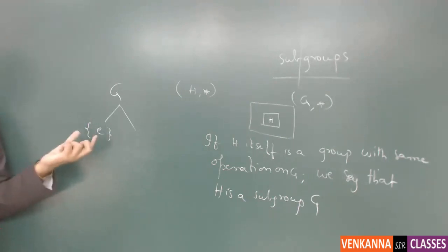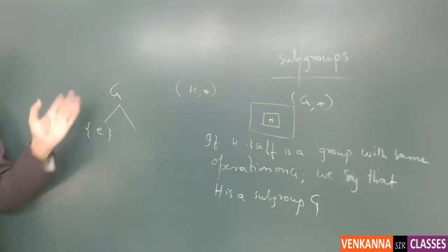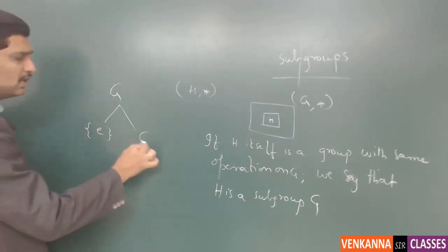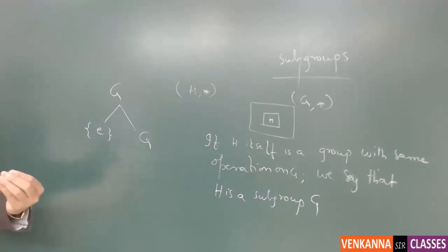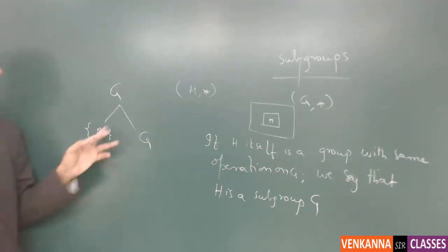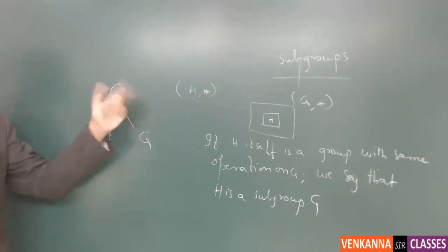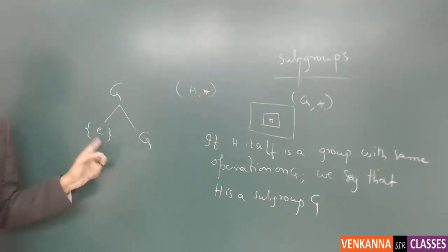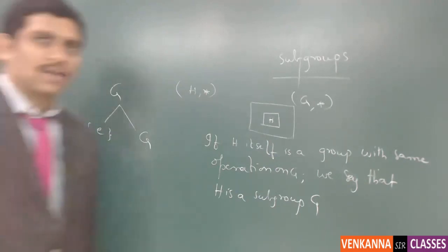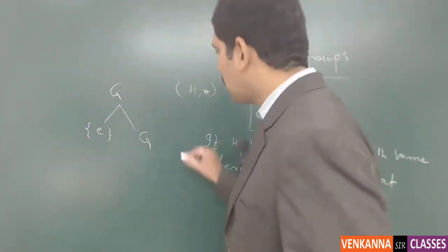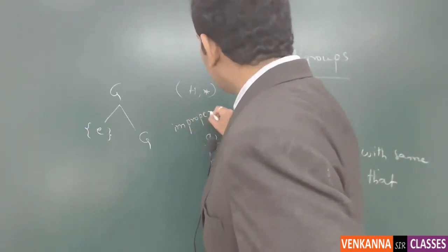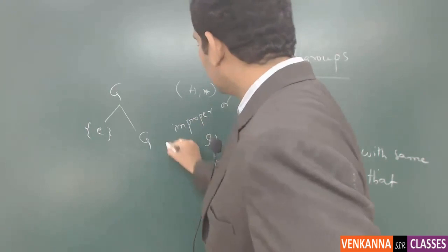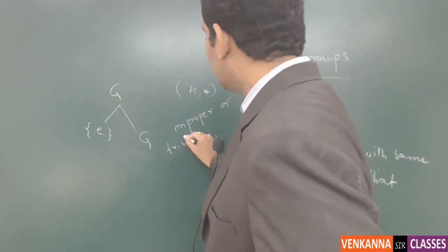So the singleton set is a subgroup of G. Second one is G itself is a subgroup because every set is a subset to itself. So whenever you consider a group, always it will have two subgroups, identity and G itself. So these two subgroups, we call them as improper subgroups or trivial subgroups.